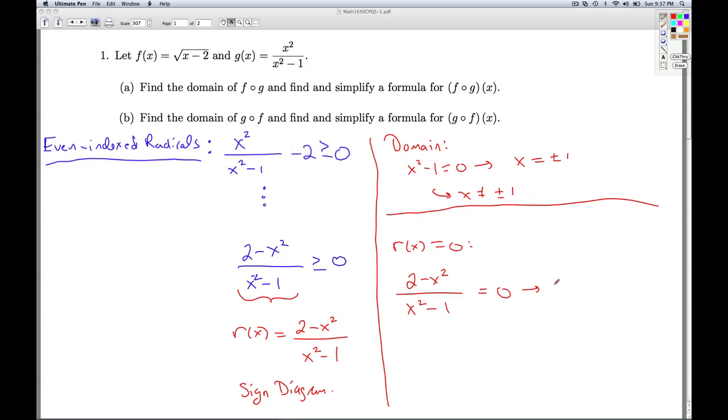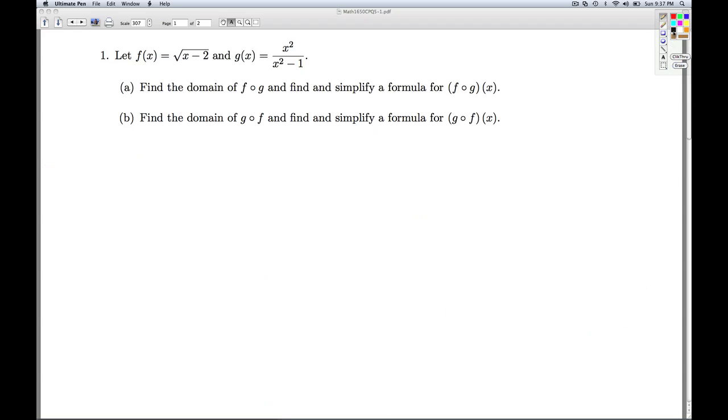Multiply both sides by x squared minus 1. Since I have an equation, I can get away with that. I get 2 minus x squared is 0. X equals plus or minus square root 2.